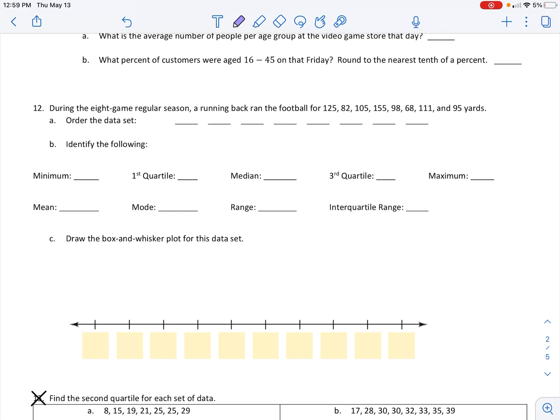So his least amount of yards was 68. So that's our smallest. And then we went to 82.